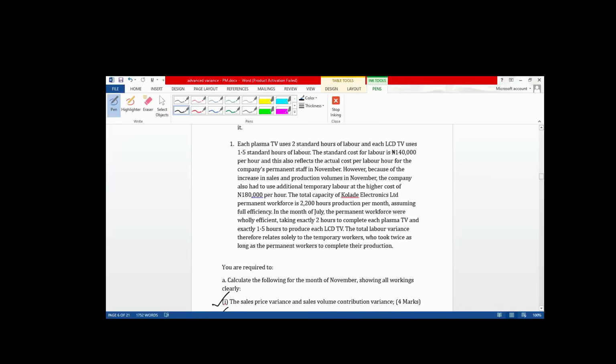Our home permanent staff only have 2,200 hours in a month, assuming fully efficient. These are in the month of June, it should be November for consistency. It should be November.